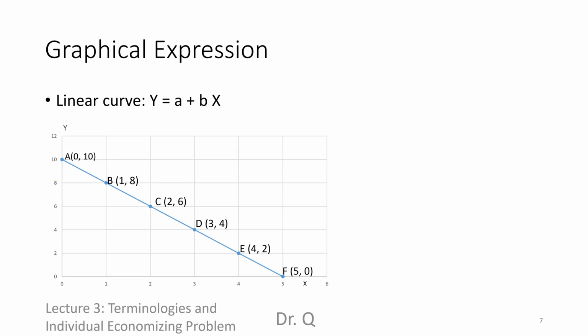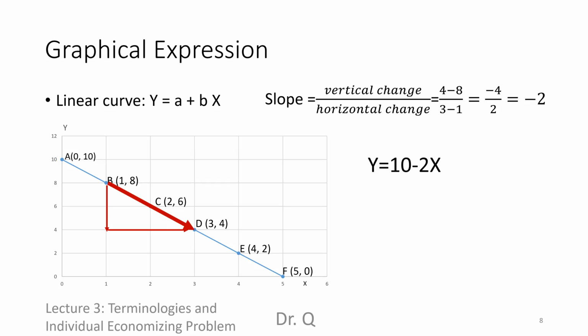If we have a linear relationship, we have a straight line, and we can use an equation, y equals a plus bx, to represent it. Here, letter a represents the vertical intercept, where the line cuts the vertical axis. Here we get 10. Letter b represents the slope. And you probably learned that slope is calculated as rise over run.